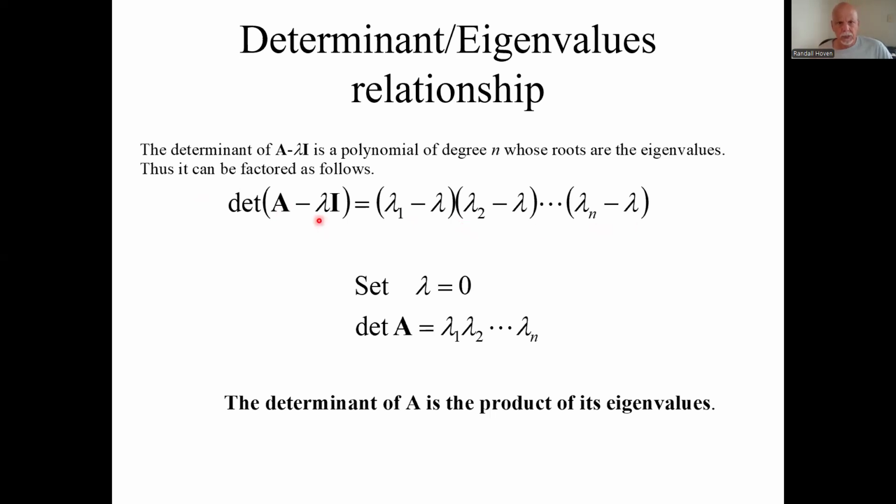But look what happens if I set lambda equal to 0 on both sides. I get the determinant is the product of the eigenvalues. There you go. That seems like a pretty cool fact. The determinant of A, not the determinant of A minus lambda I.